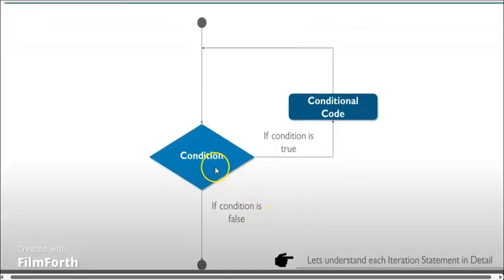And again, it checks if the if statement is correct or not. It begins and gives the execution of the true part. If the condition is false, it directly comes out of the loop. So let's understand each iteration statement in detail.